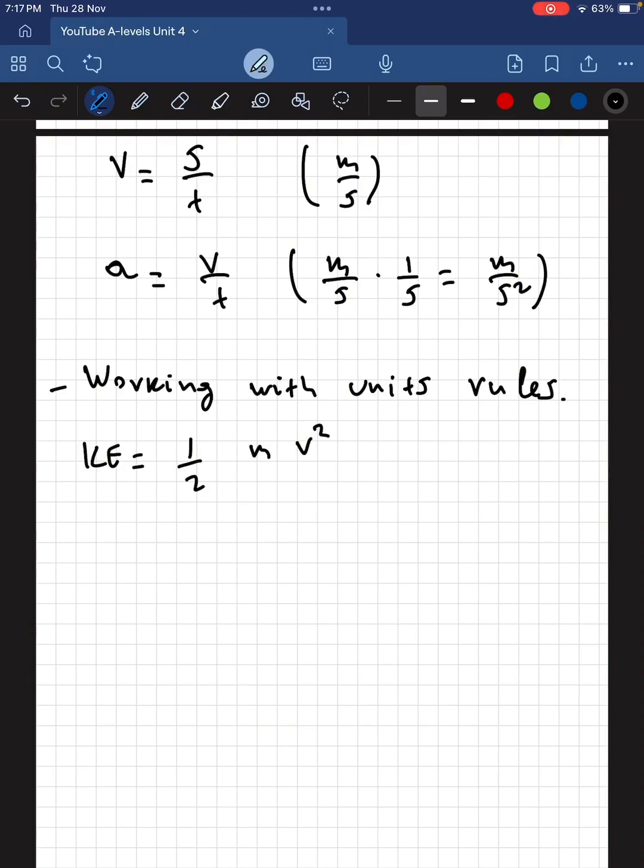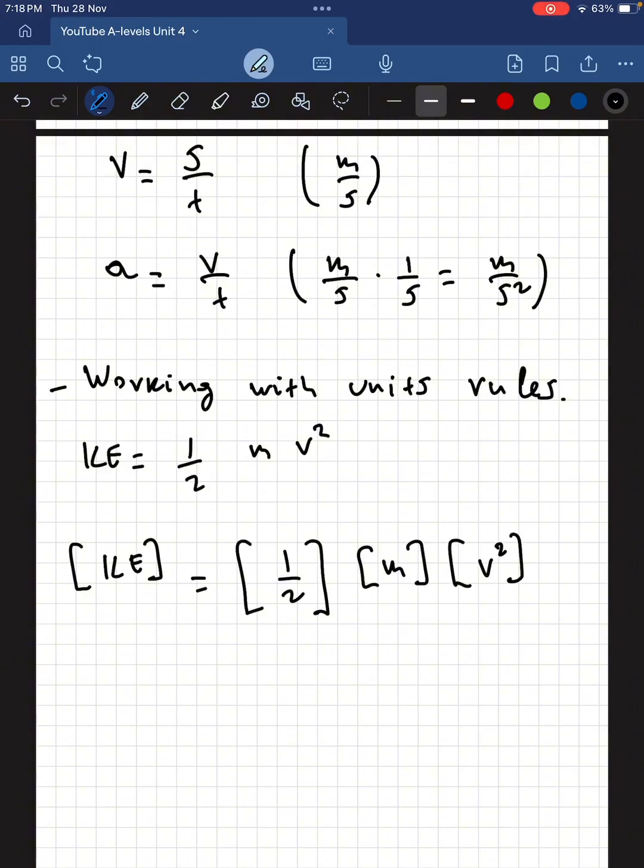In university physics, you usually put square brackets like that to express the units for a given quantity. This is not something you should do during your test, this is just demonstration. In the test, you just write it down.